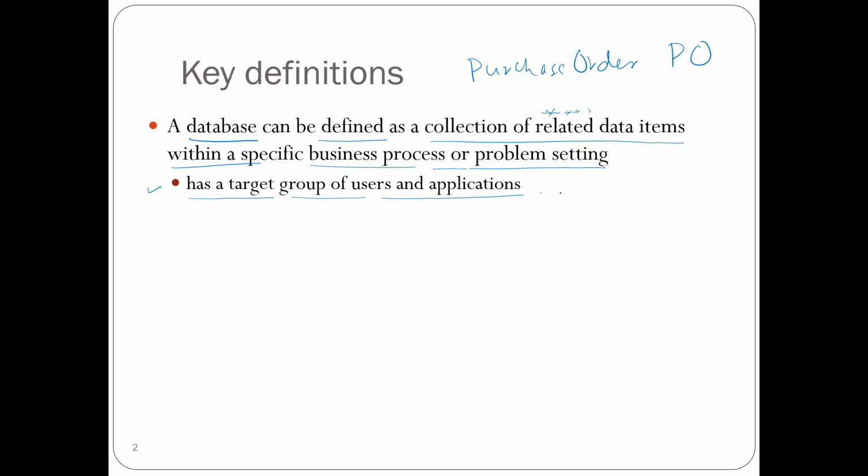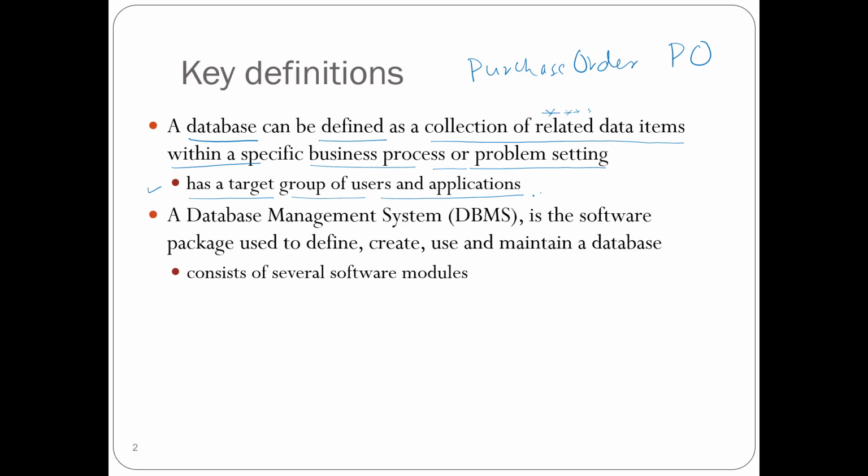So for the same example, purchase order, let's think about the target group. This purchase order database could be of use to an inventory manager or a purchase order manager as well. So these things are important in understanding the definition of database.